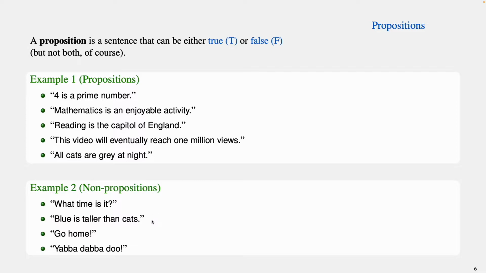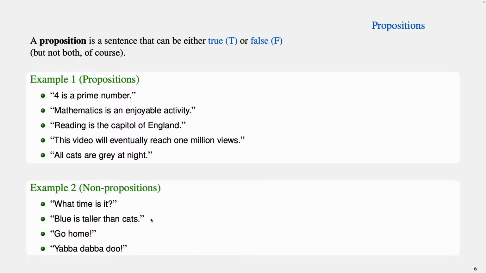The second one, even though syntactically it has the shape of a proposition that could be true or false, is a nonsensical statement, however, because blue and cats cannot be compared by the measure of tallness. So this is nonsense.